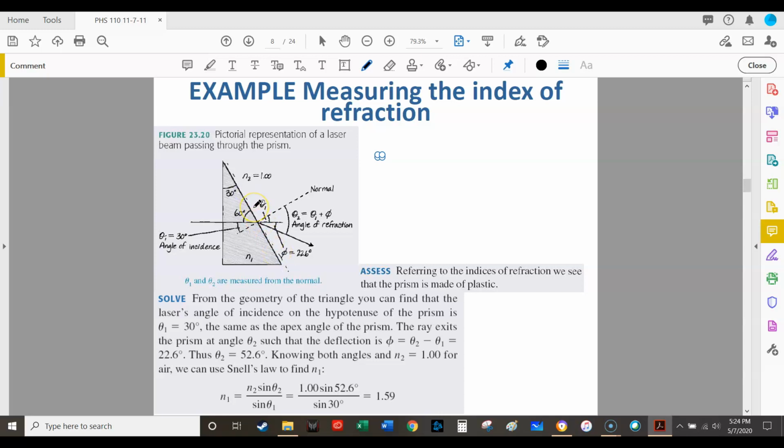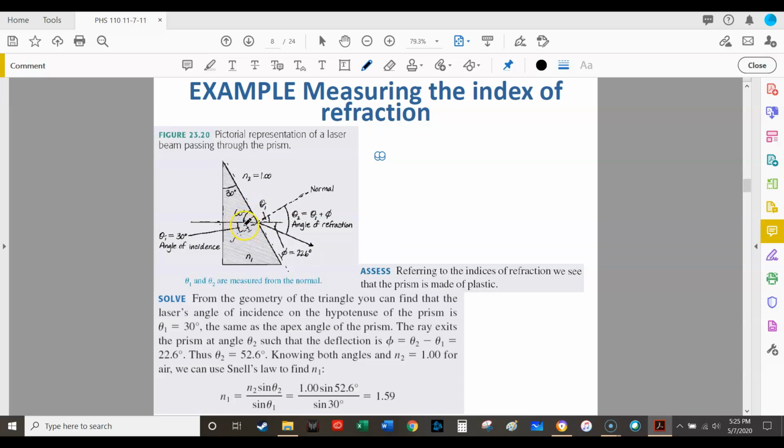When it's coming in, the normal is going to be perpendicular to the surface, right? And so that light ray is going to be coming in perpendicular to that surface. So that light ray is coming in at 60 degrees to there that they're showing right there.